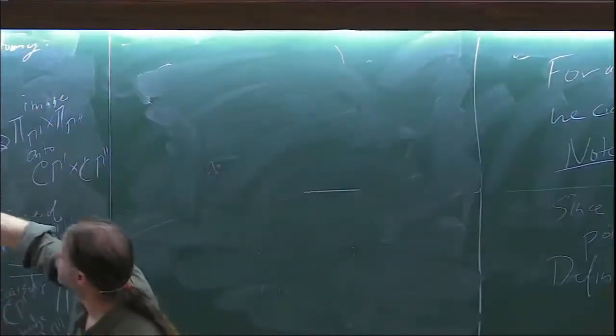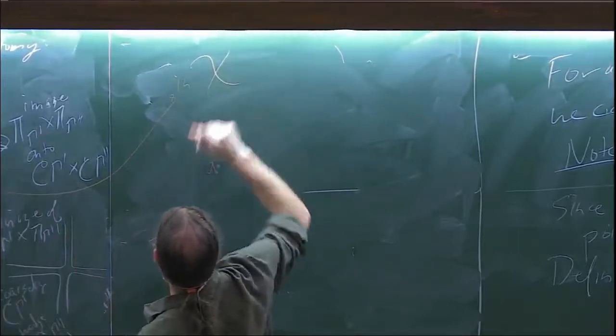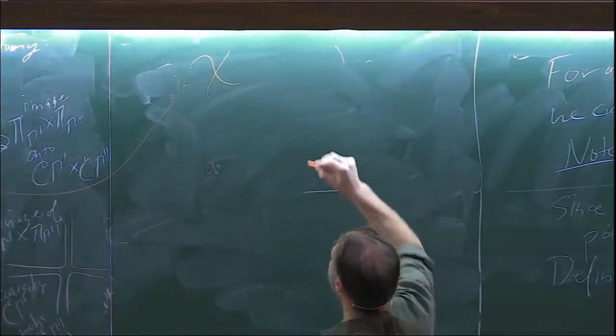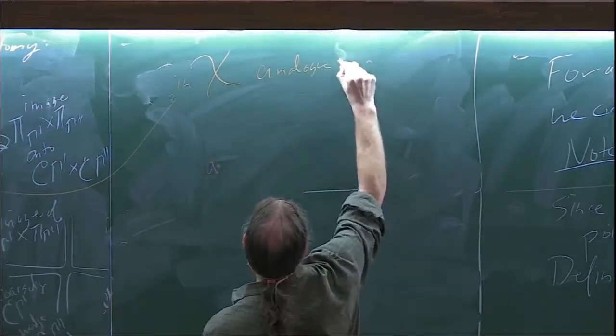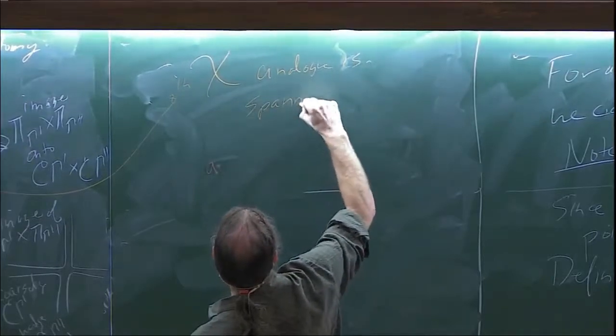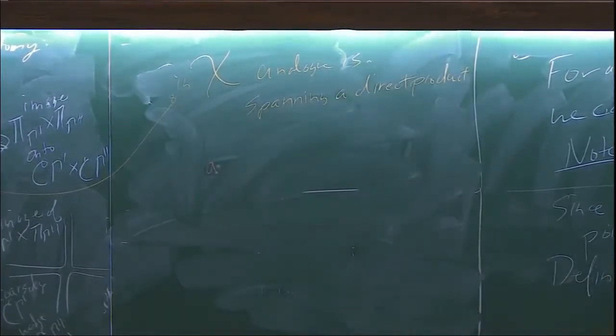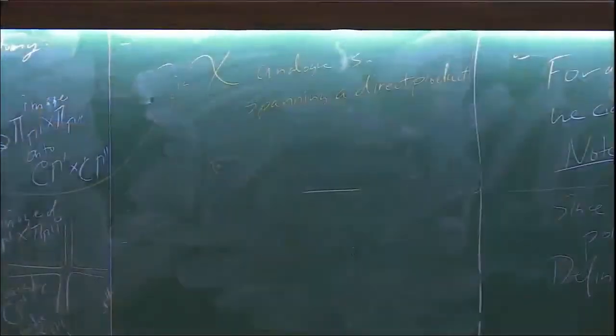Then in X, the analog of being disjoint is spanning a direct product. For Misha, it's spanning a direct product up to parallelism, but for everybody else that doesn't want to think about that, it's just whether or not they span a direct product.